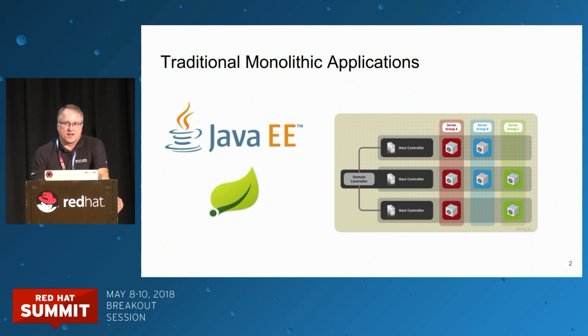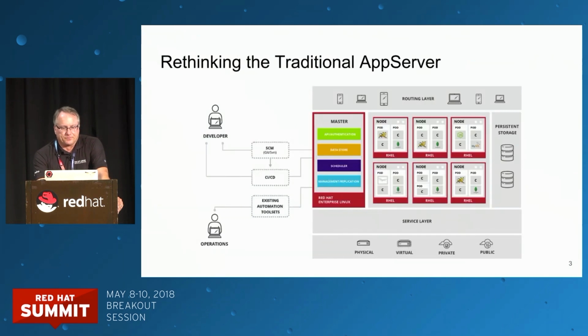So you had this kind of contract from an API perspective, but you had a lot of flexibility as an organization in terms of how you laid out your deployment. That was all baked into the Java EE/Spring ecosystem.